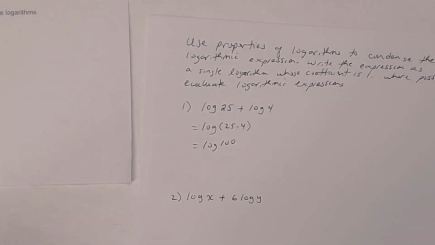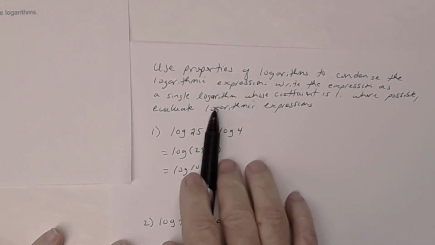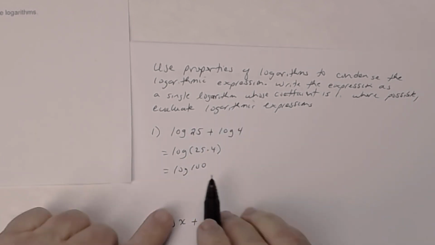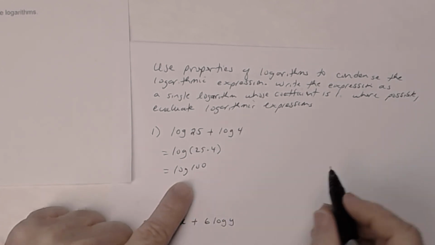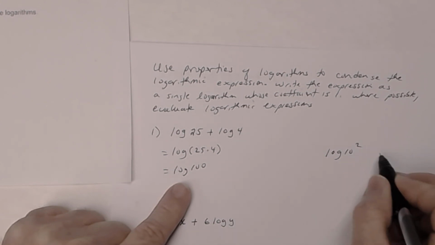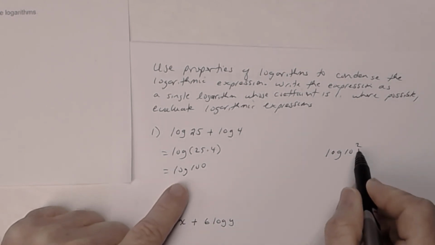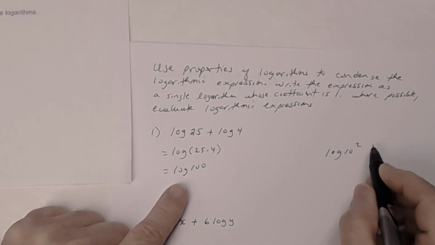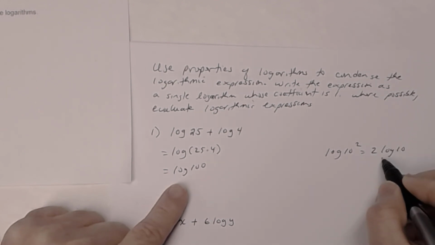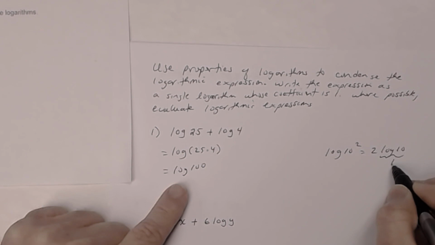All right, now that's the one where you want to, where possible, evaluate log expressions. So remember, the log of 100 means the same thing as the log of 10 squared. And then using the power rule, this becomes 2 times the log of 10. And remember, the log of 10 is 1. 10 to what power is 10?